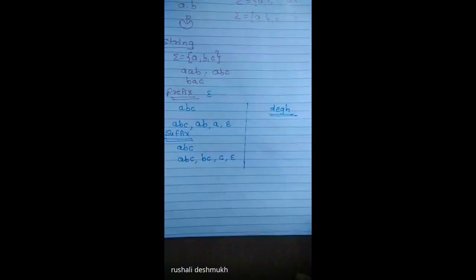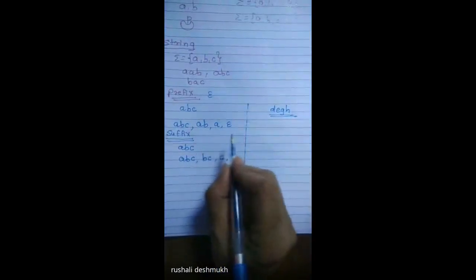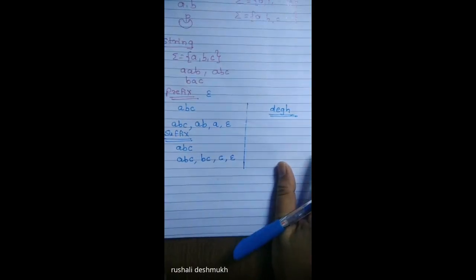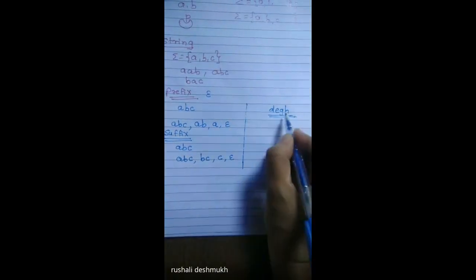Is that okay? Whenever I am writing, at the same time please note down all this. Can anybody unmute yourself and tell me the prefixes for this D, E, G, H?